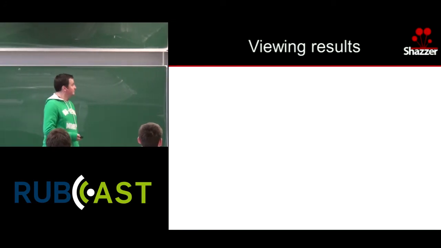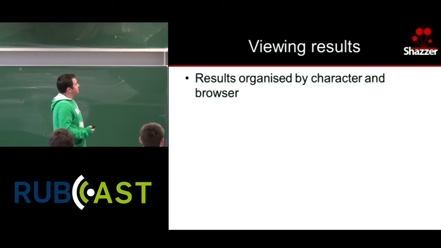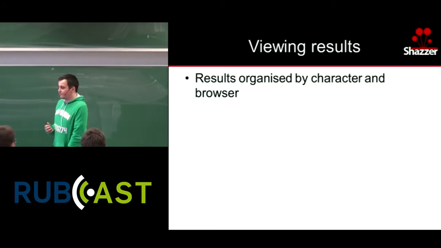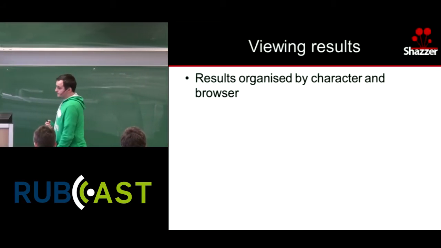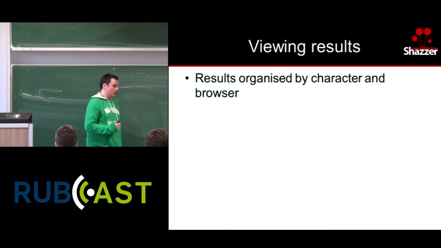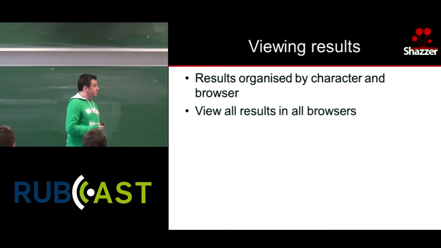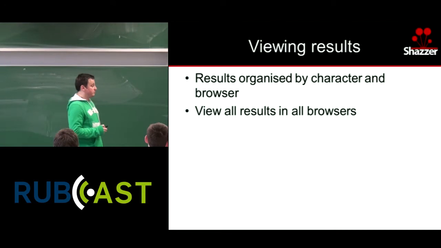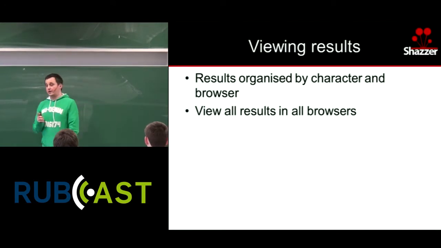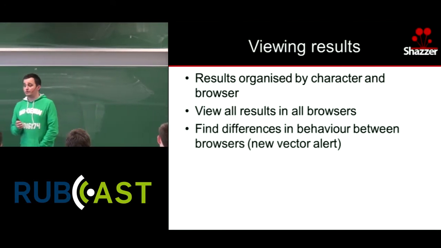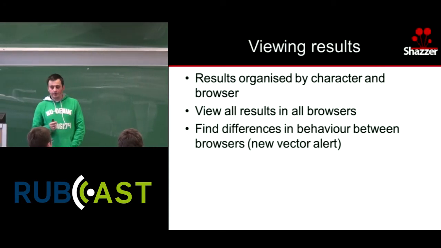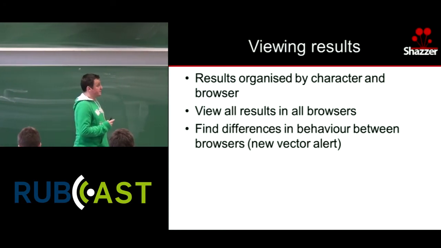So we need to view the results in a meaningful way so that you know what your vector has achieved. We need to view the results by the specific browser and all browsers. But what we can do is find differences in behavior.